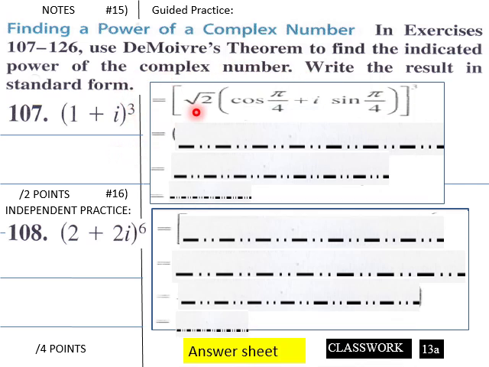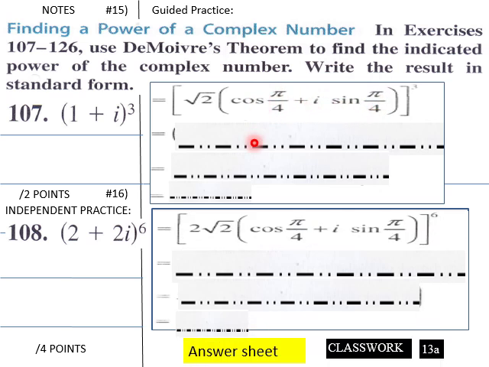So for up here, we're going to use square root of 2 multiplied by (cosine pi over 4 plus i sine pi over 4), all cubed because we have this cube here, 1 plus i. If you graph this 1 and 1, you get a 45-degree angle, and this is what gives us our cosine pi over 4 and sine pi over 4.